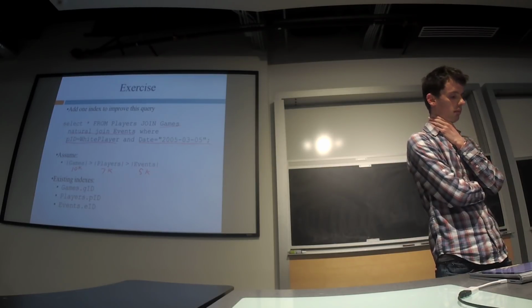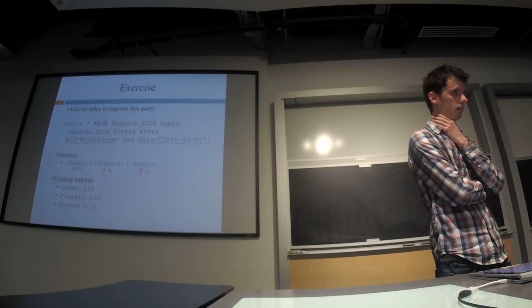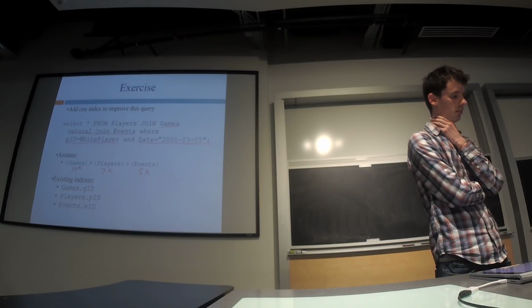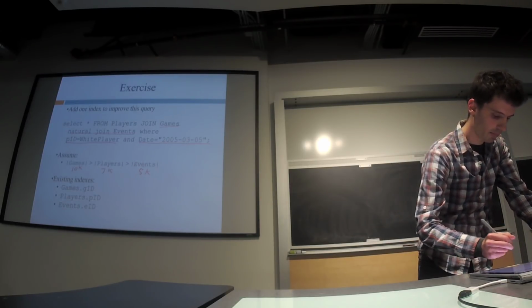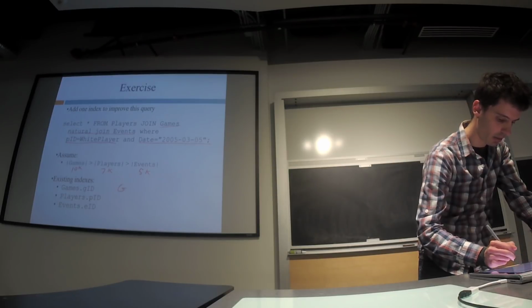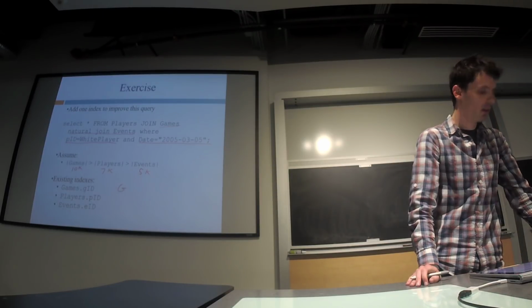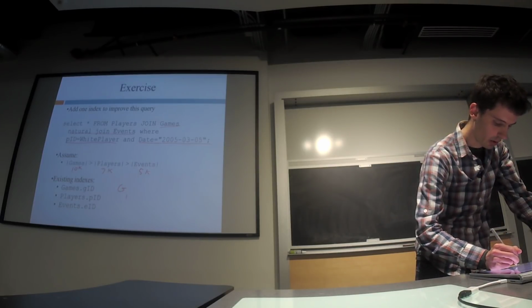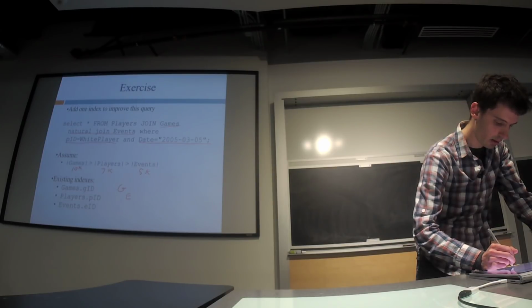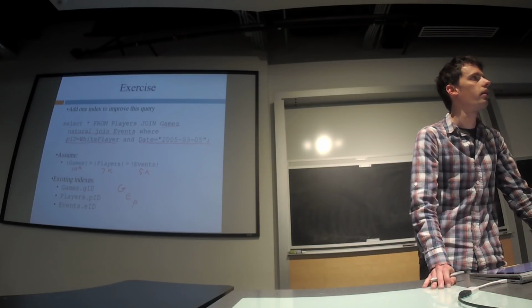And then it'll use white player and loop through player PID. Okay, so it's going to start, let's say, with games as the outer loop. And then maybe loop through events, then players.